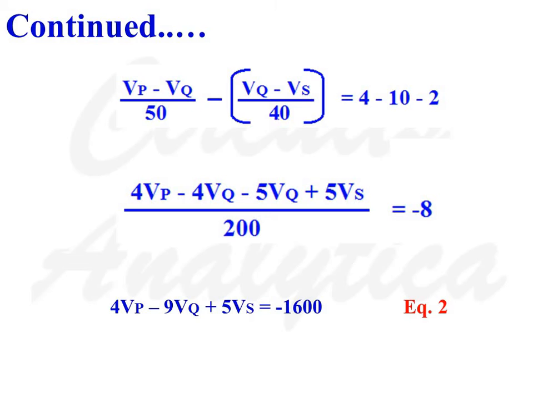So (4Vp minus 4Vq minus 5Vq plus 5Vs) divided by 200 is equal to minus 8. So rearranging the terms, we can write 4Vp minus 9Vq plus 5Vs is equal to minus 1600, equation number 2.